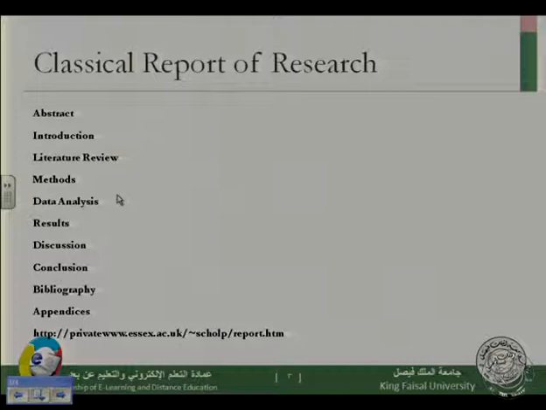Data analysis. After you gather all your data, you need to analyze your data. We have different ways and different techniques to show our results, or to analyze our data for results. And then after we finish analyzing the data, what do we have? We have results. We have maybe numerous results.